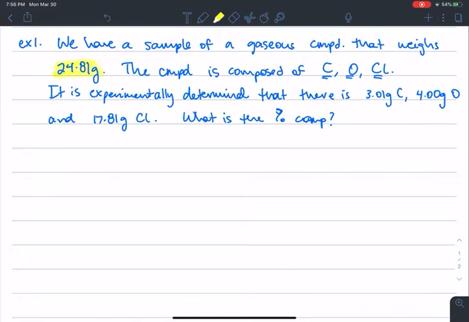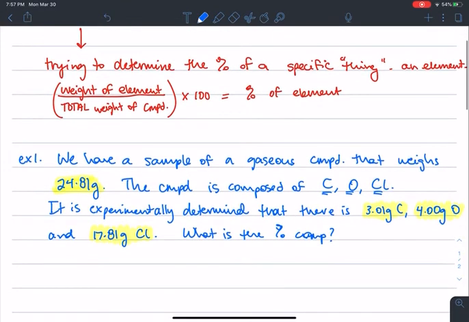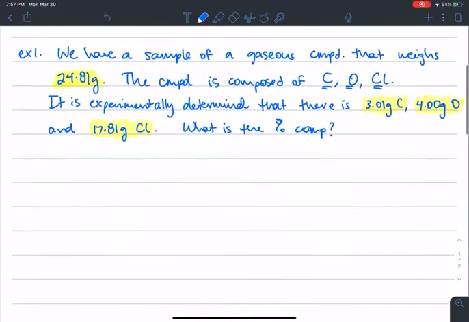For every 24.81 grams of compound, we have 3.01 grams of carbon, 4 grams of oxygen, and 17.81 grams of chlorine. This one is pretty straightforward because it tells us the weight of each element and the total weight of compound.